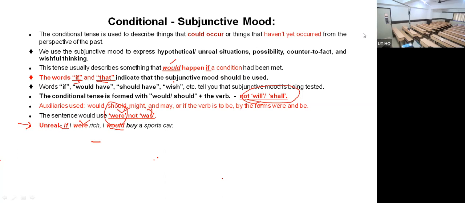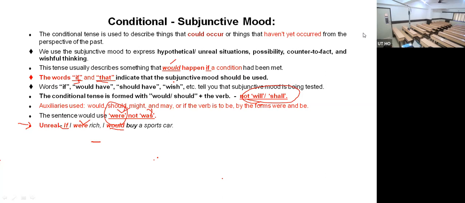Okay, so this format of the sentence, when it is a hypothetical situation, will begin with if or might. You will have were, not was. You will have would or should, not shall or will.